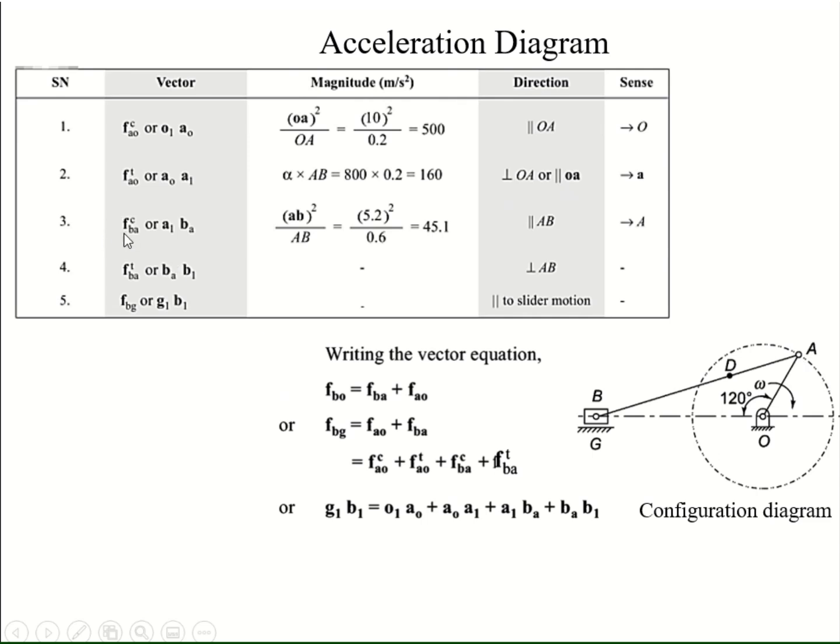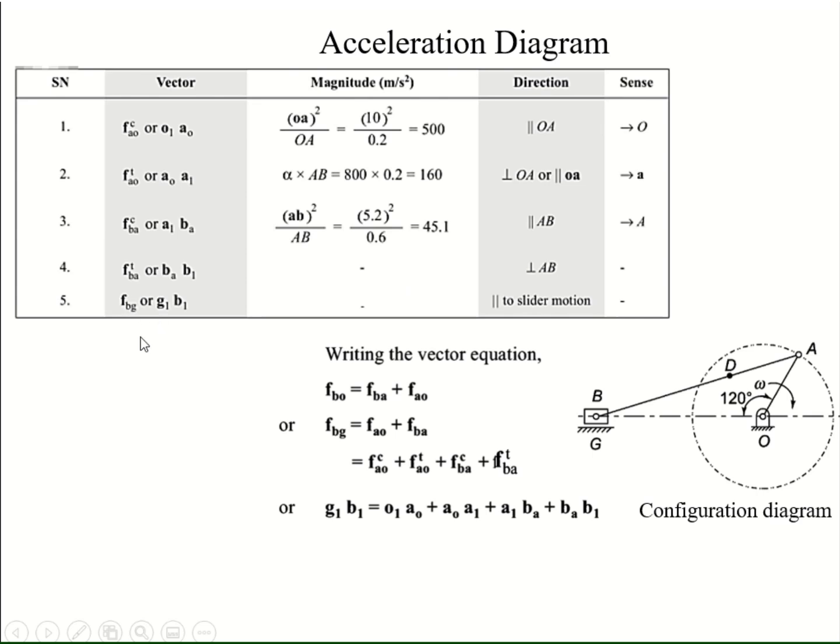Next is the centripetal acceleration of BA. Again, from the velocity vector diagram, we know the velocity of AB, and therefore it becomes very easy for us to find the centripetal acceleration of BA, which is 45.1, and its direction is parallel to AB, pointing towards A. Next is the fourth vector, which is the tangential acceleration of B with respect to A. This vector's magnitude we do not know, but its direction we know, it is always perpendicular to AB.